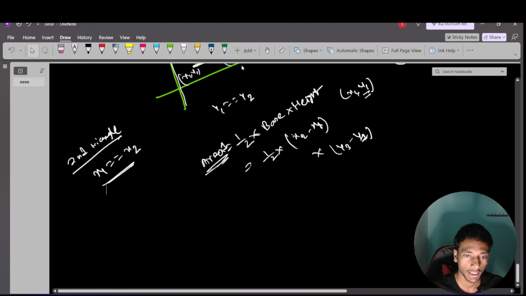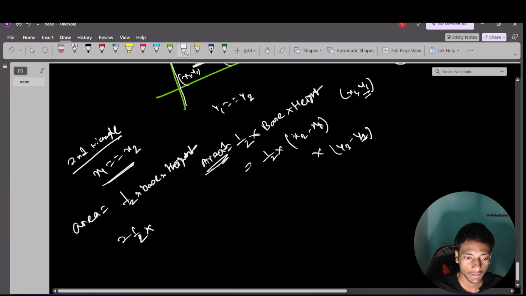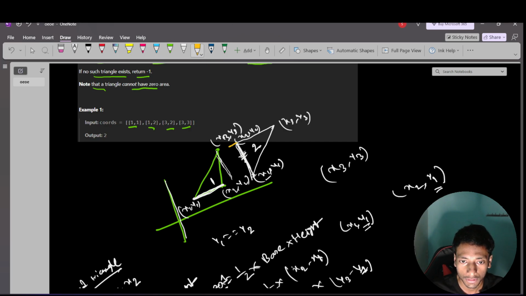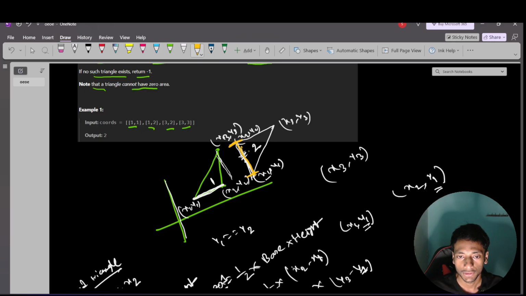Now what will be the area for this? That is half into base into height, correct? So what will be the base? This is our base for this triangle. What is the length of this base?